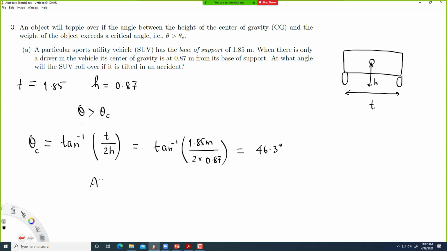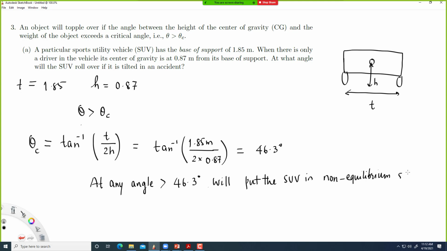So at any angle greater than 46.3 will put the SUV in a non-equilibrium state, meaning it will roll over when the angle exceeds 46.3 degrees.